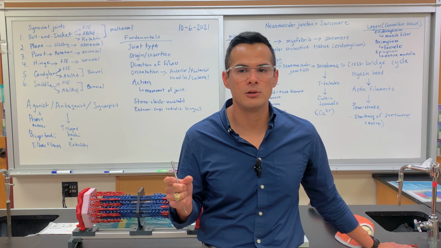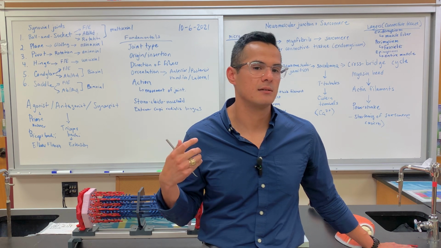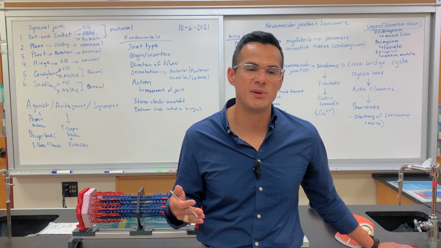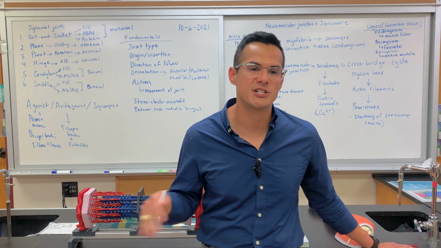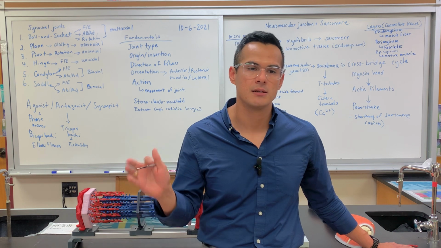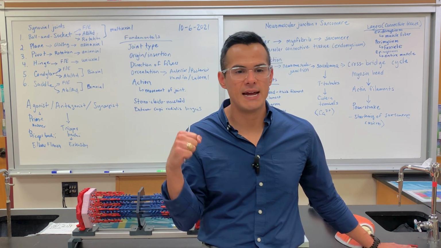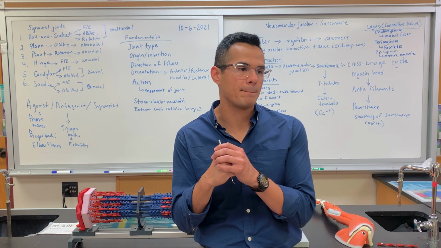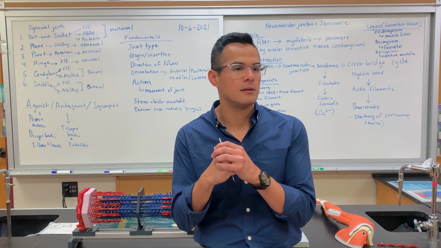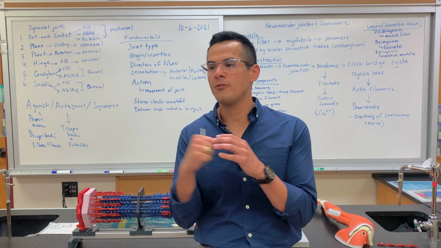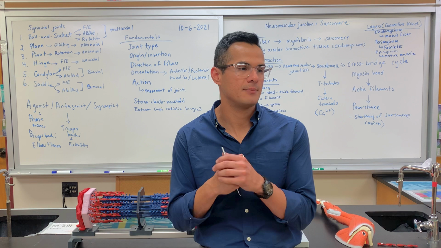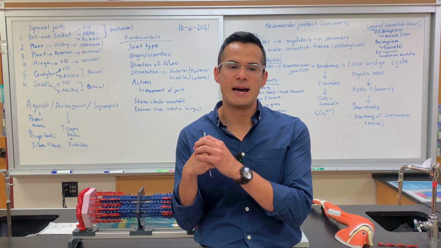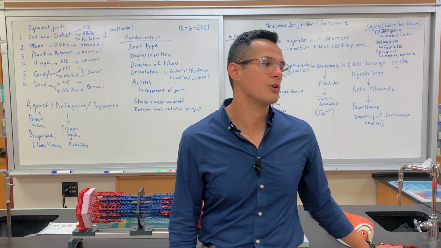The muscle will remain shortened because if they're dead, there's no ATP available, and we need ATP in order for the cross-bridge cycle to occur. Whenever the myosin head is attached to actin, we have ADP and inorganic phosphate attached. But in order for it to come off, you have to have enough ATP. So if there's no ATP available, the myosin head is going to remain attached, and therefore you get rigor mortis.